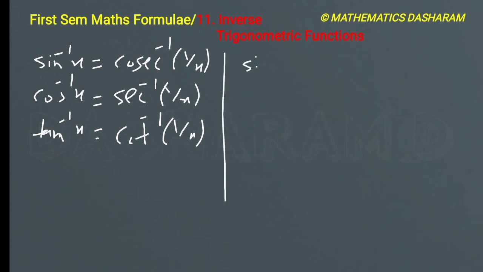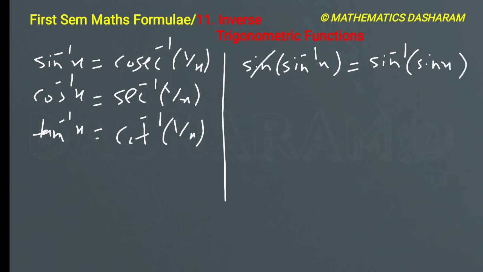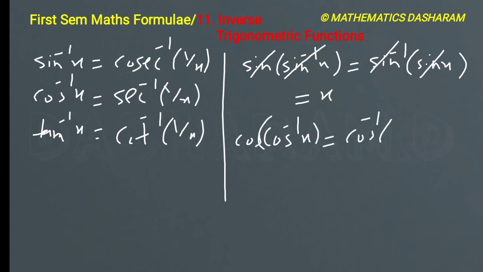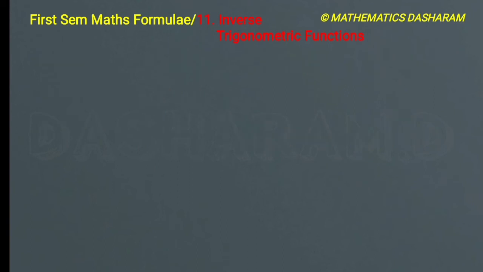Next, sin(sin inverse x) or sin inverse(sin x), so sin inverse sin equals x. Next, cos(cos inverse x) or cos inverse(cos x), then cos inverse cos equals x. In this way you can define the remaining 4 trigonometric ratios.